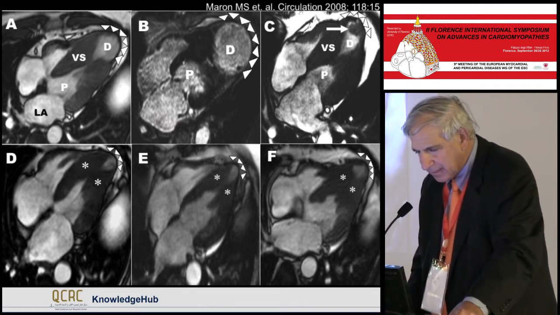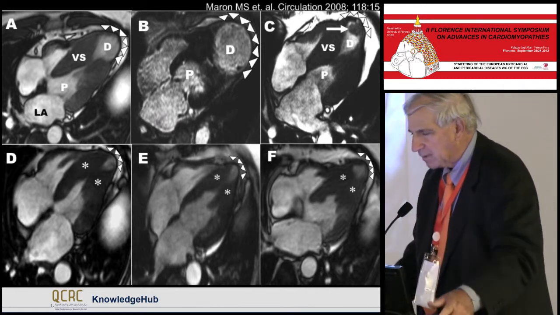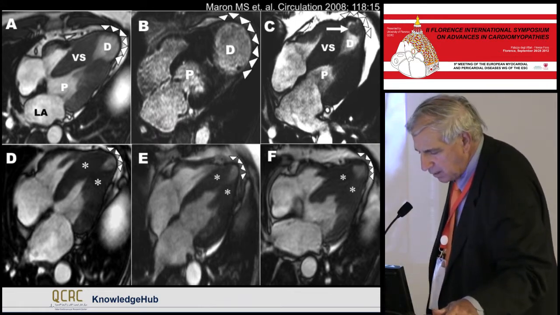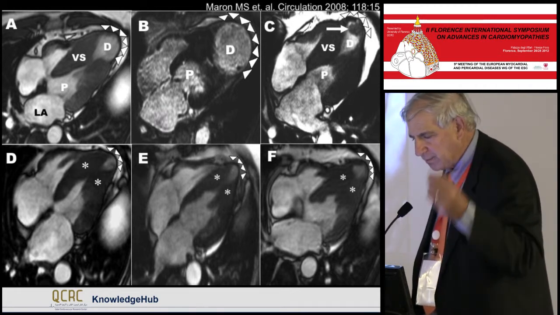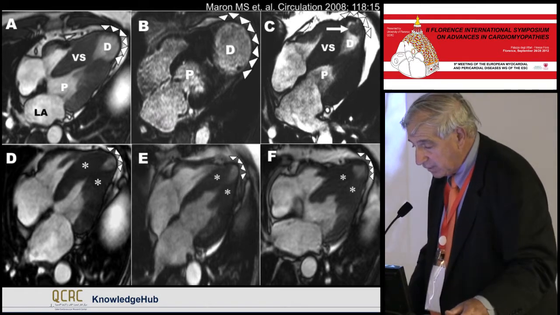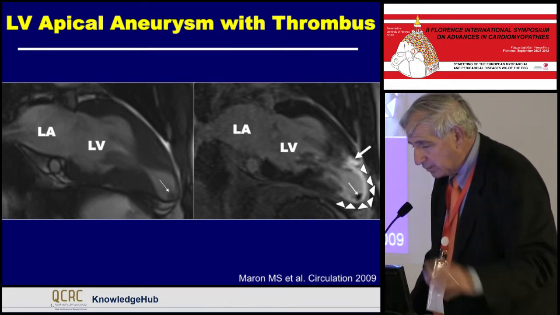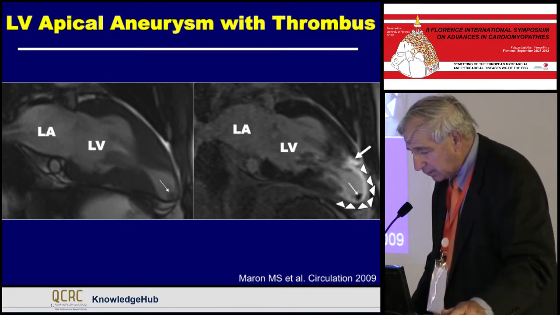Sometimes they can have a clot in there. And this is perhaps the last subgroup in hypertrophic cardiomyopathy, previously unrecognized largely because you needed the CMR to image the apex to produce these pretty pictures, which are very clinically relevant because it turns out with the gadolinium, of course, the rim of the aneurysm, which is very thin, it could be 1 to 3 millimeters, is scarred, but also the areas adjacent.